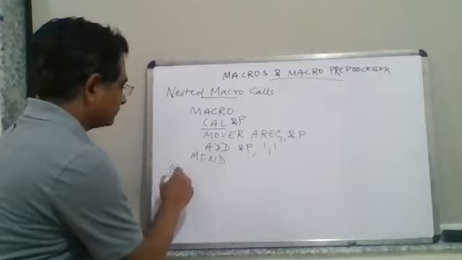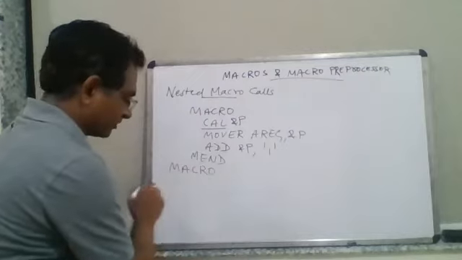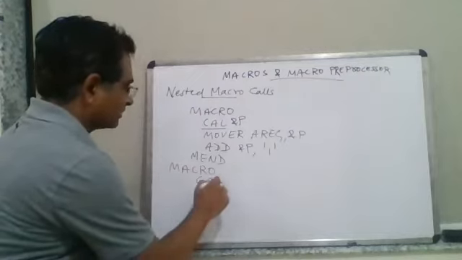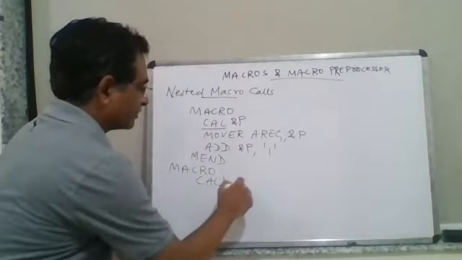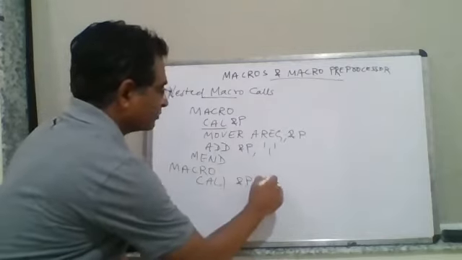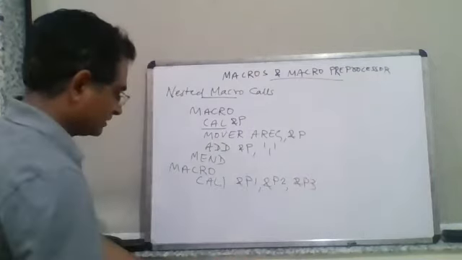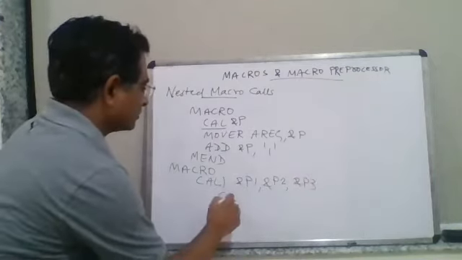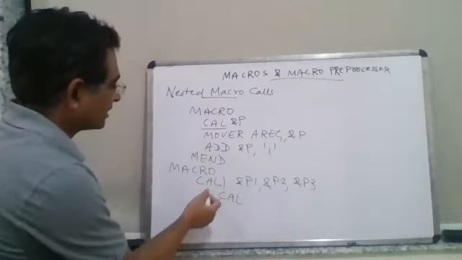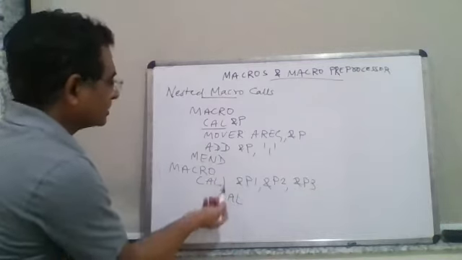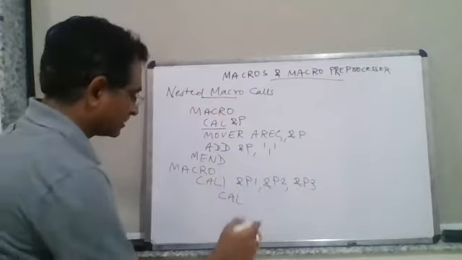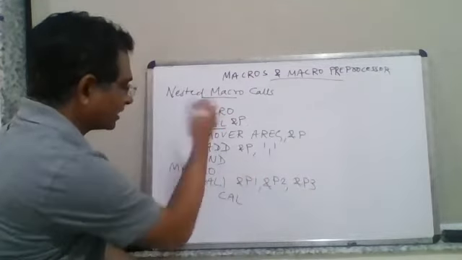Okay, now I'm writing a specification. Let's say macro, another macro which is cal1, which takes &p1, &p2, and &p3. And this macro is going to call this macro. So cal1 is another macro which is calling this previous macro. So it is nothing but nesting of macros, right?